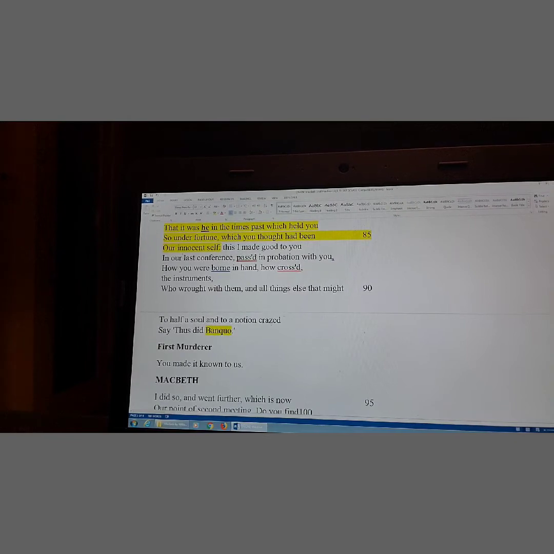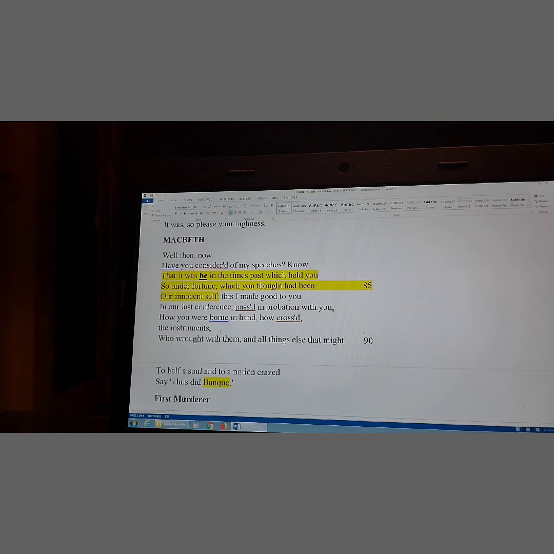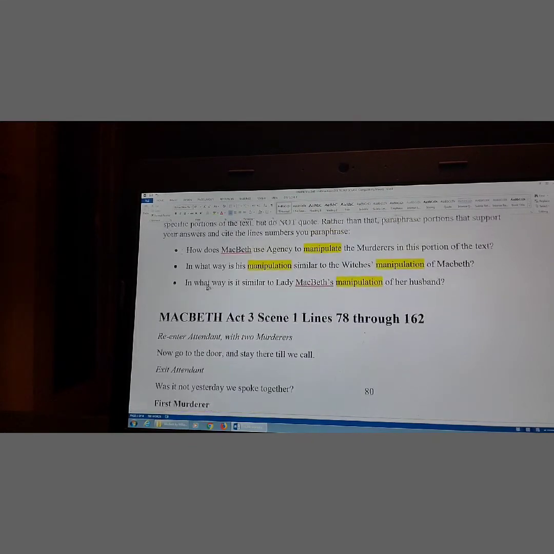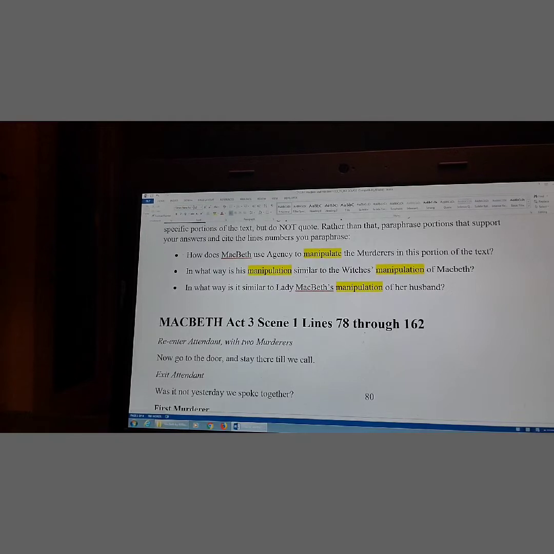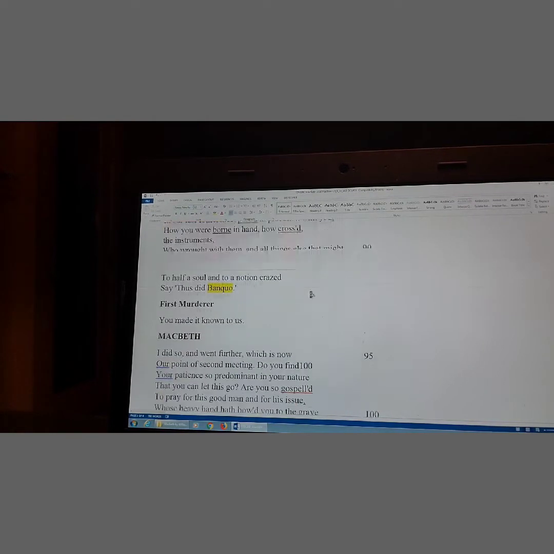And then he ends it off with, thus did Banquo, right? So he's saying Banquo is the "he," right? That's the micro inference when you're reading this. But then number two, how does this refer back to this idea of manipulation and agency? That's the other inference.